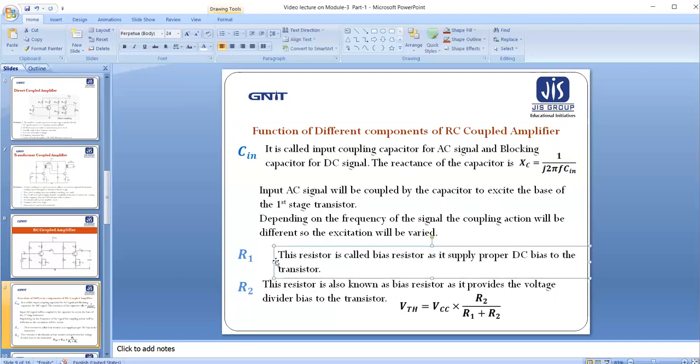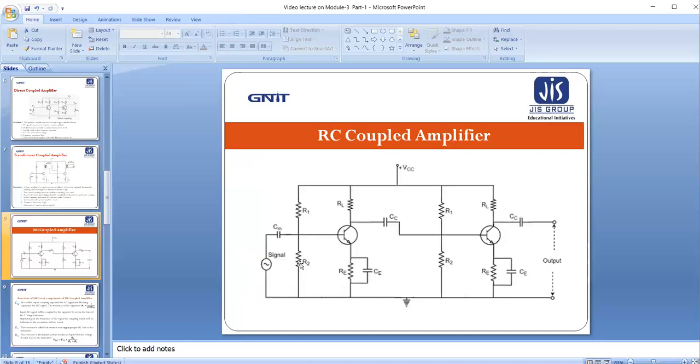R1. R1 is the resistor which is called the bias resistor, as it supplies proper DC bias to the transistor. R2 is also called the bias resistor, which also provides the voltage divider bias to the transistor. That means this R1, R2 basically provides the voltage divider bias to the transistor.